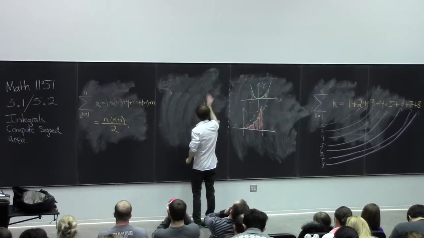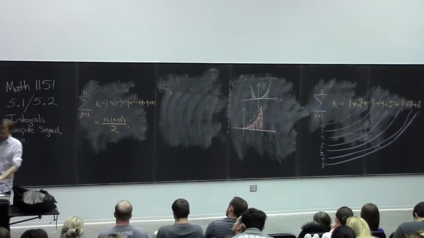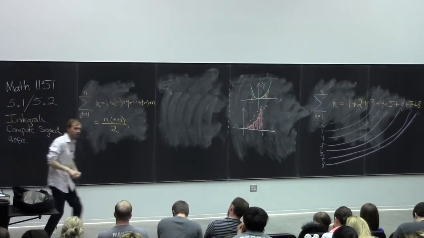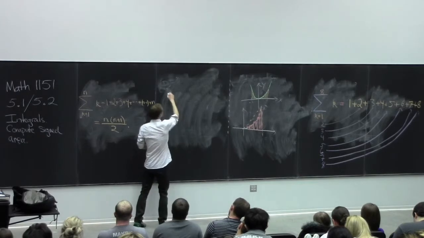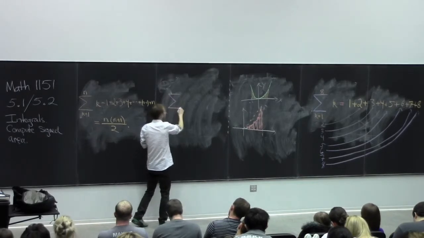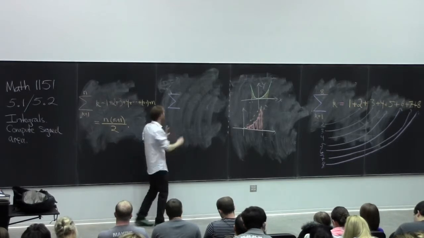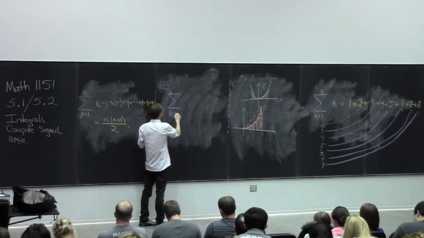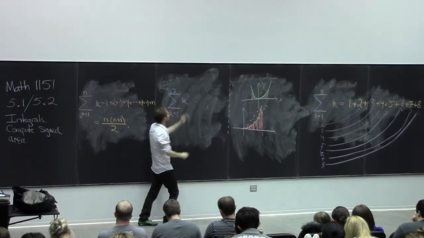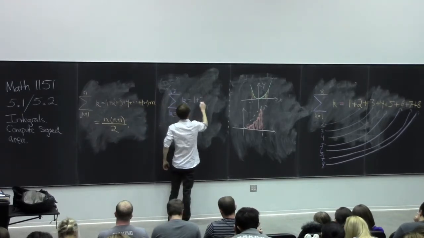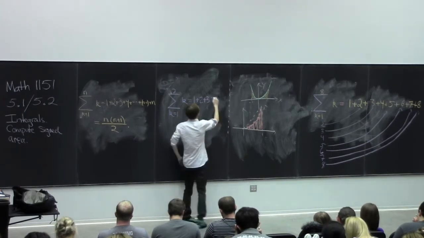Just to remind you. If I want to write out the sum from 1 to 3, 1 plus 2 plus 3, what do I write? I write the sum, and then I'm using k, so k from 1 to 3, and I'm just summing that number. And so this is equal to 1 plus 2 plus 3. What's 1 plus 2 plus 3 equal to? 6. This is equal to 6.